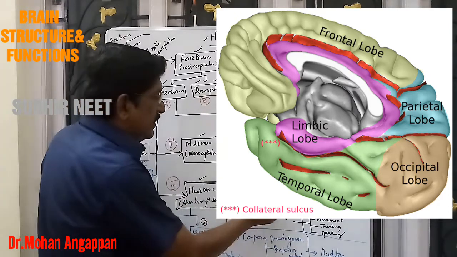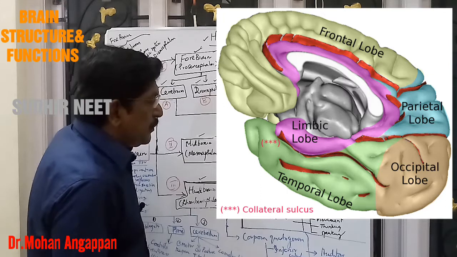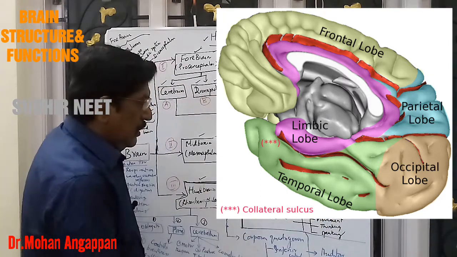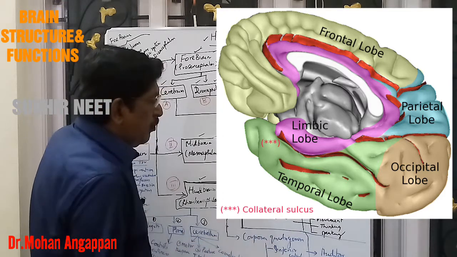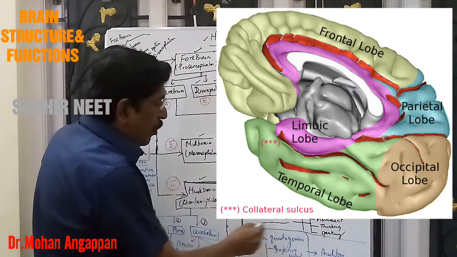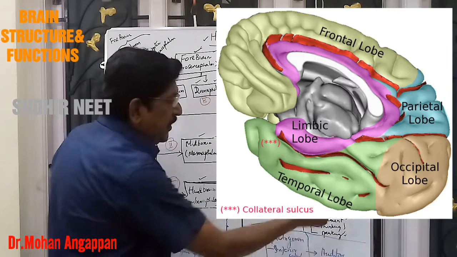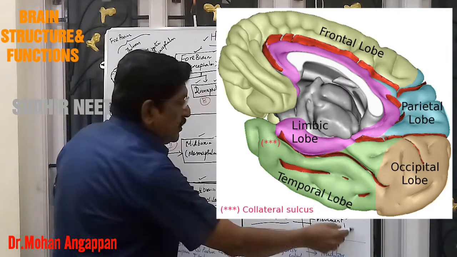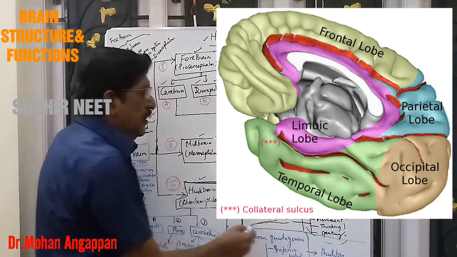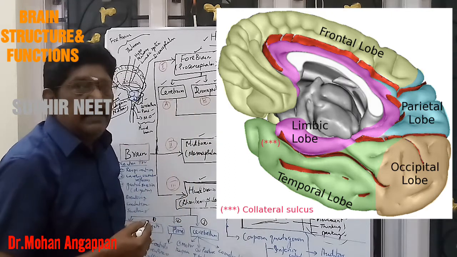The parietal lobe is responsible for knowing and reading. The temporal lobe is responsible for language efficiency. The frontal lobe is for movement of the body, thinking and speaking. You must know the functions of these lobes of the cerebral hemispheres.